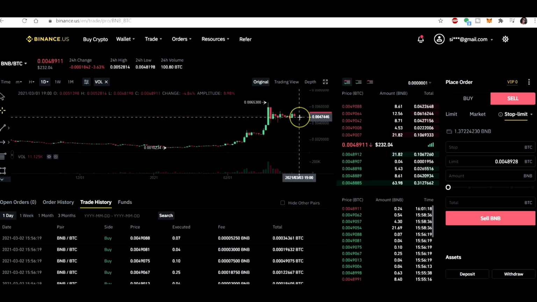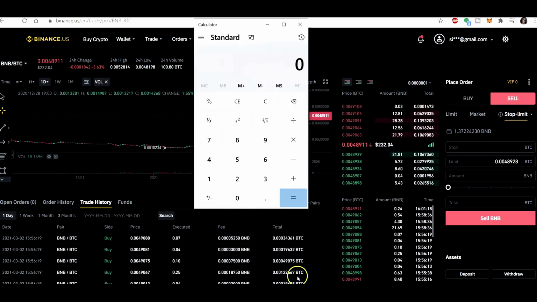So I want to ensure that I don't lose more than 5% of my coin. So I'm going to do some calculations and call up my calculator. Now looking at my trade history, I can see the price at which I bought BNB.